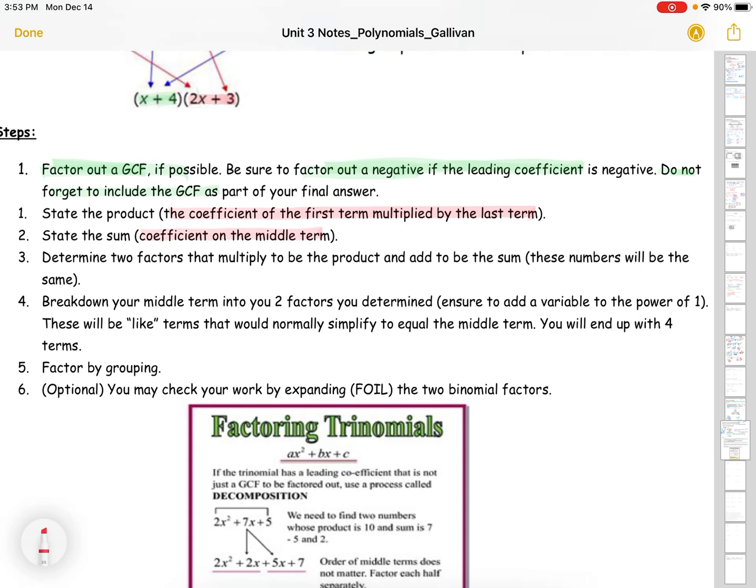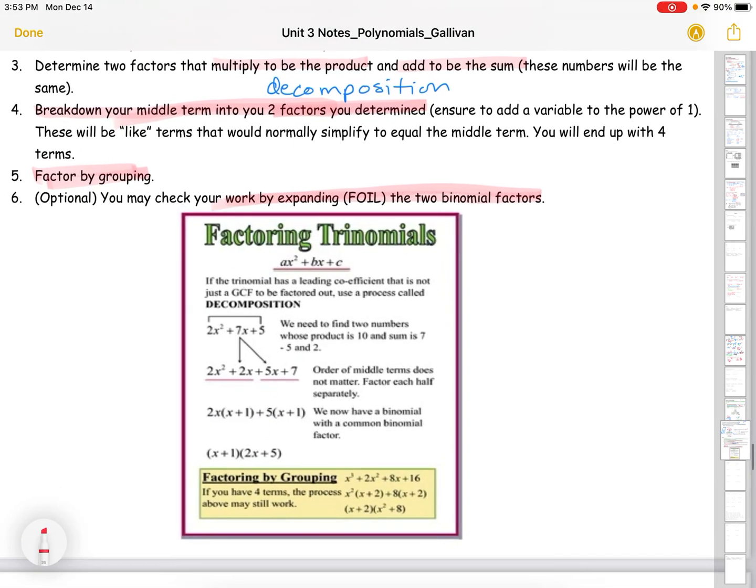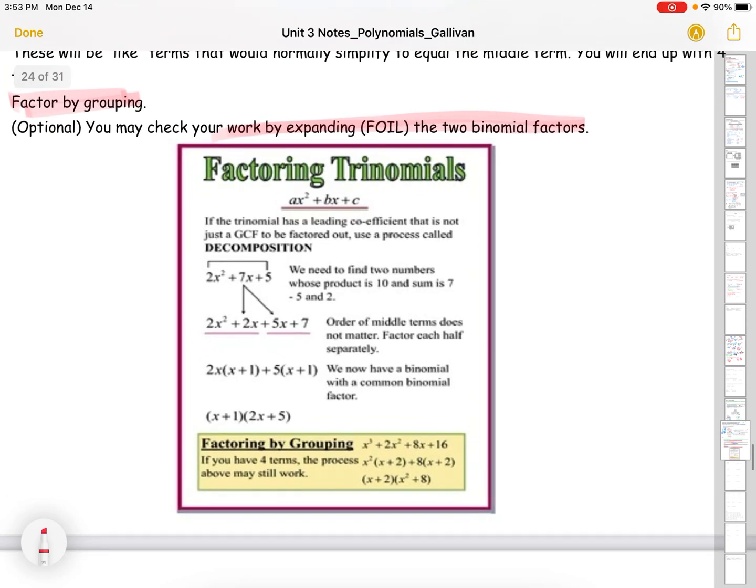It's the coefficient on the middle term. Determine the two factors that multiply to be the product and add up to be the sum. Then you're going to break down your middle term into two factors you determine. This is why it's called decomposition, right? Because we're decomposing that middle term, okay? And then you're going to factor by grouping, and you can check your work by foiling, okay?